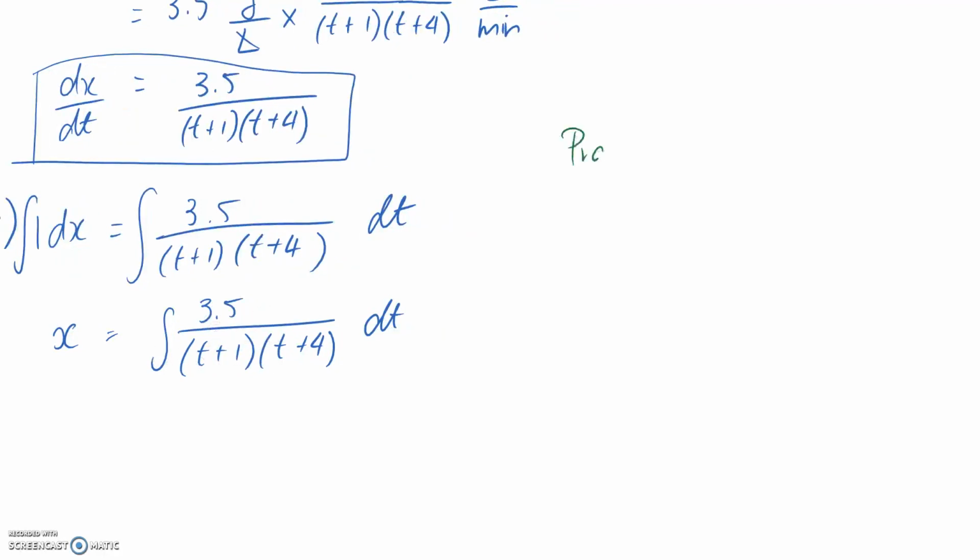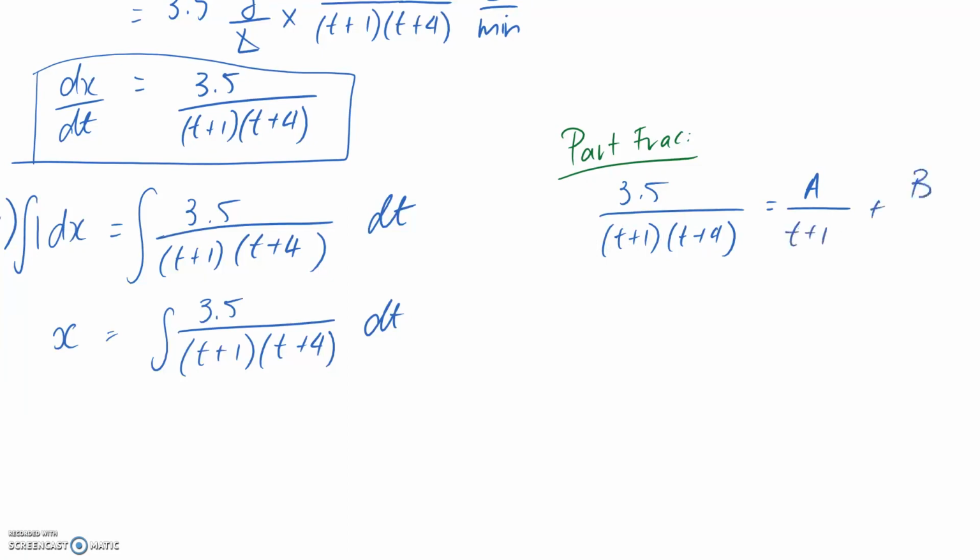So to do our partial fractions, what we want to do is start off by setting up our dummy fraction. So we're going to say that this expression that we start with is equal to some constant A divided by the first factor, which is t plus 1, plus a second constant B divided by the second factor, which is t plus 4.